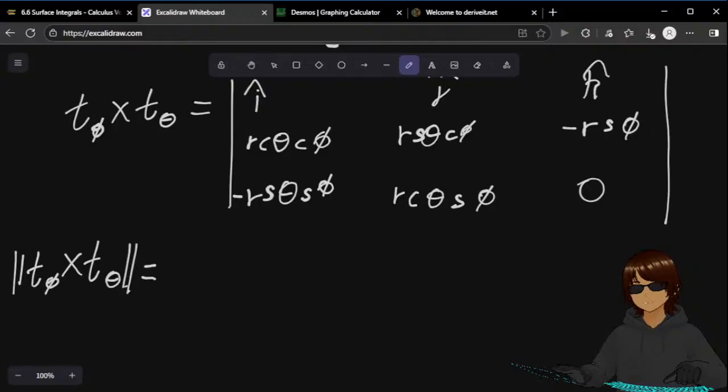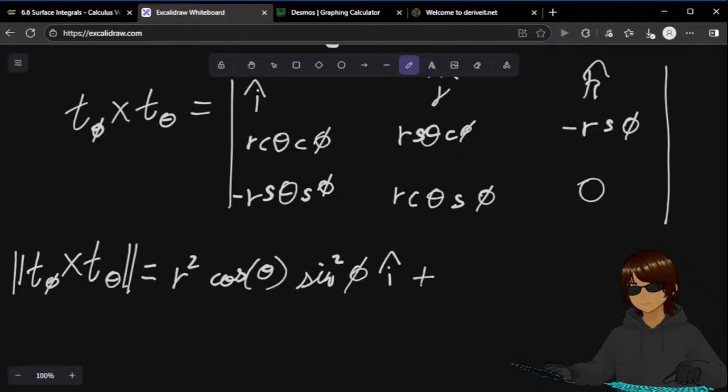S minus this. Minus will make it positive. So we have R square, this times this. This is a minus. This is also a minus, right?